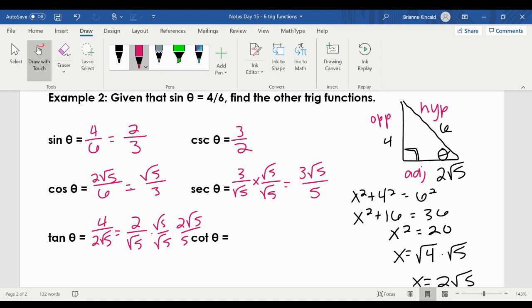Now for cotangent, we know we need to just flip. You want to flip it at this stage before you've rationalized. Because if you do it at the stage after you've rationalized, you're going to have to rationalize again, which is just way too much work. So I flip 2 over radical 5 to get radical 5 over 2.